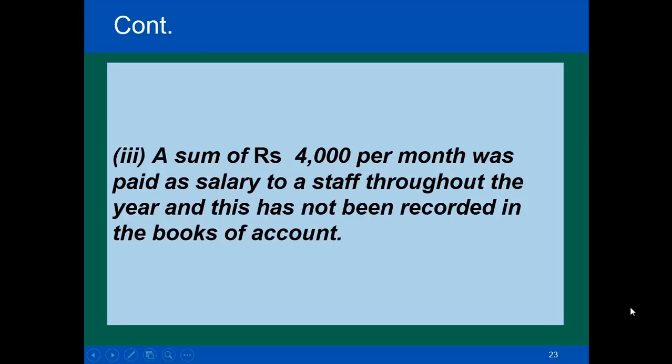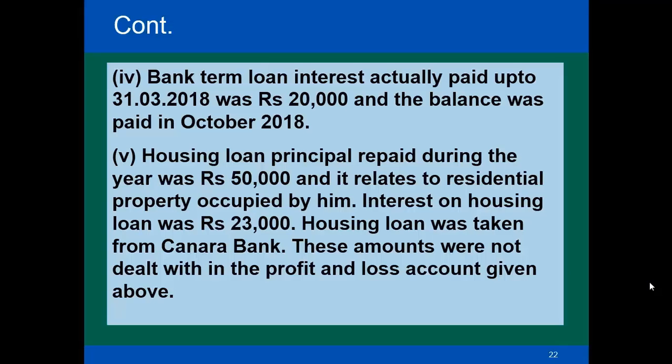Third, a sum of rupees 4,000 per month was paid as salary to a staff throughout the year and this has not been recorded in the books of account. Fourth, bank term loan interest actually paid up to 31st of March 2018 was rupees 20,000 and the balance was paid in October 2018.